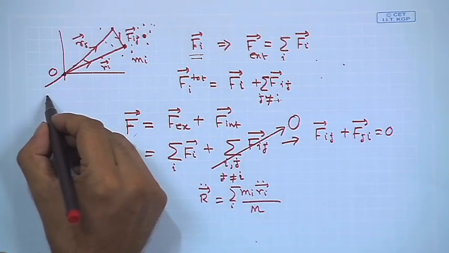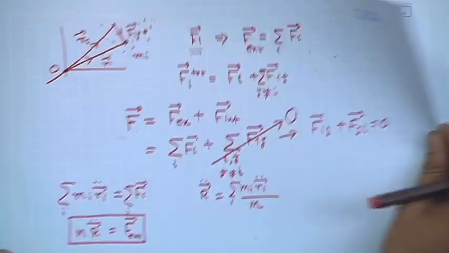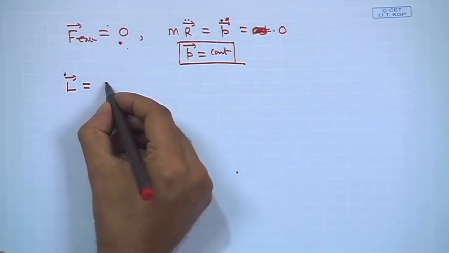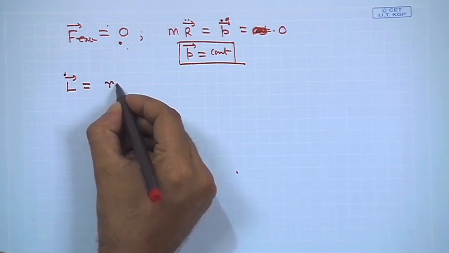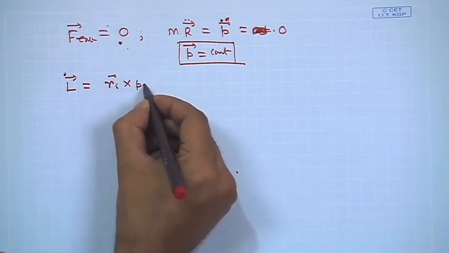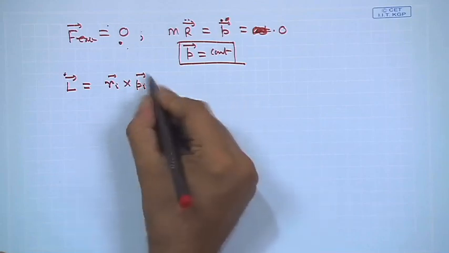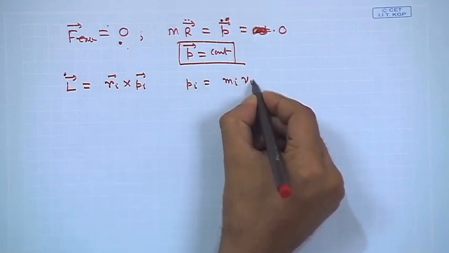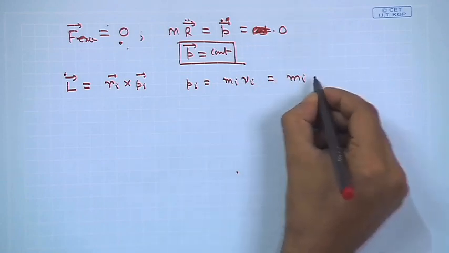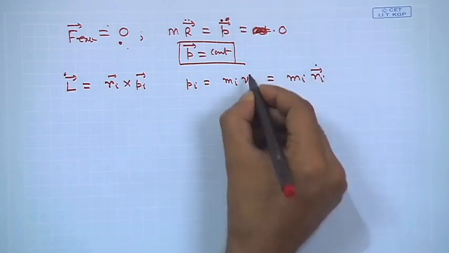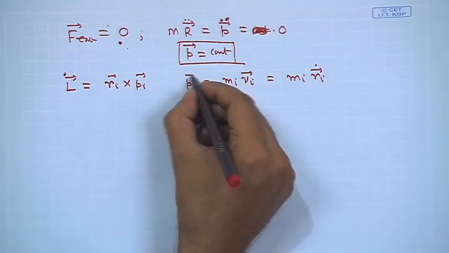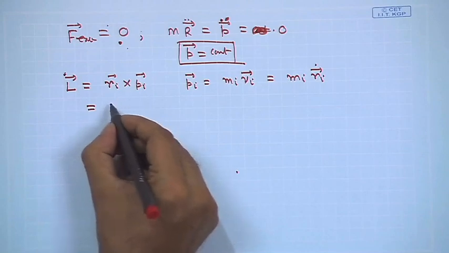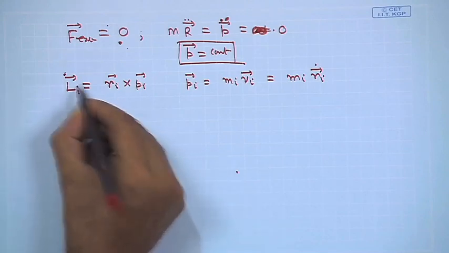So, angular momentum L for the ith particle will be defined by r_i cross p_i, p_i being the linear momentum of the ith particle. p_i is nothing but m_i v_i, or m_i r_i dot. So this is the ith particle.